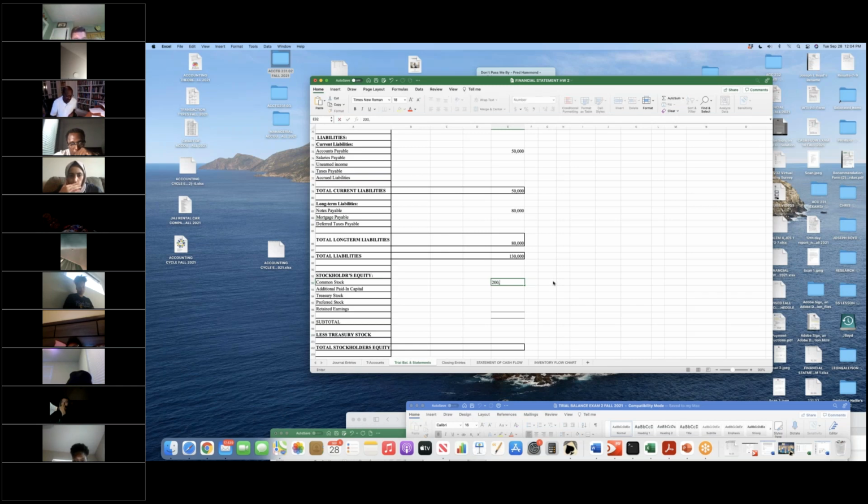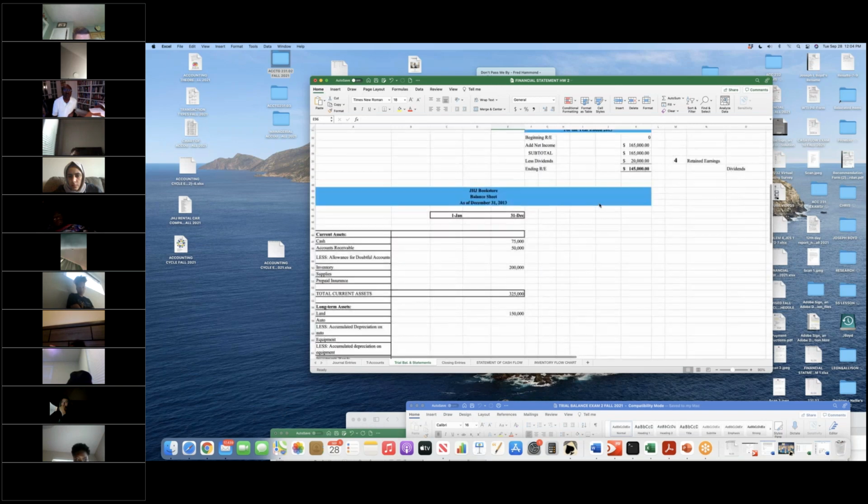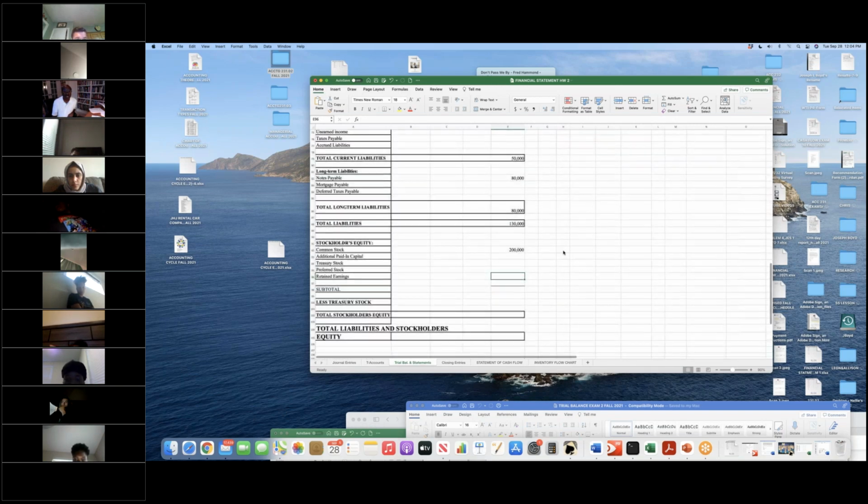How much retained earnings we got on the trial balance? 0, right? So we put the 0 down. Our total stockholders' equity now is 200,000.